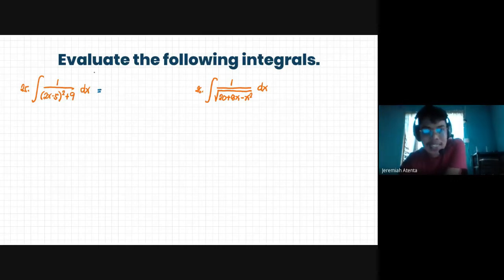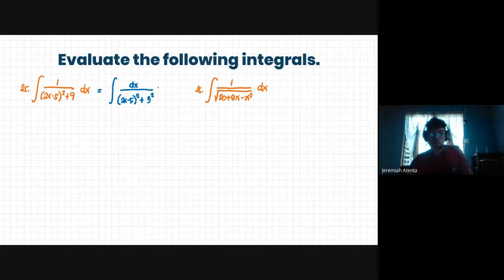And we can rewrite this as the integral of dx over 2x minus 5 squared plus 9, where 9 is just 3 squared. Right? So from that, alam niyo na kung ano yung A, which is 3. Ano dapat yung ililet u natin? What should be our u?